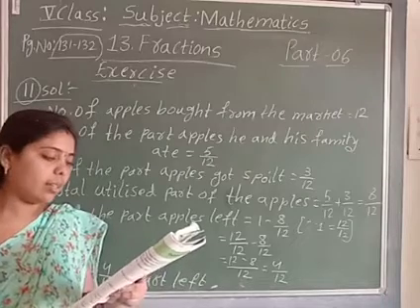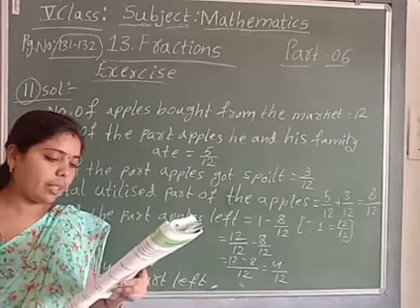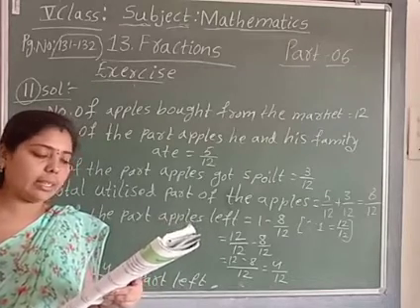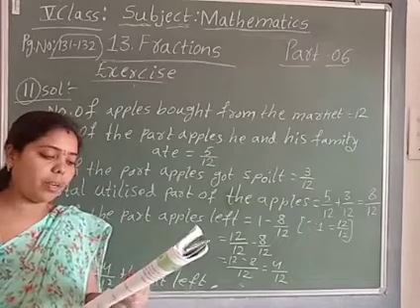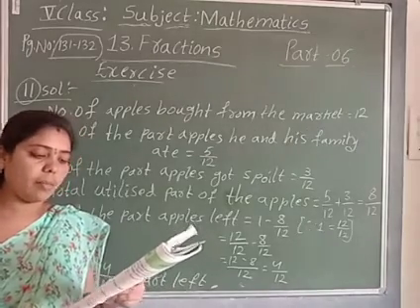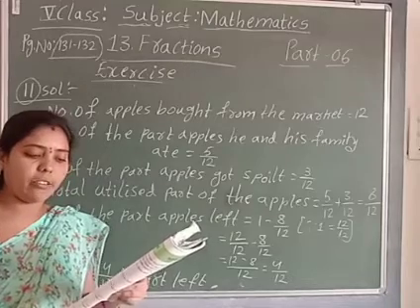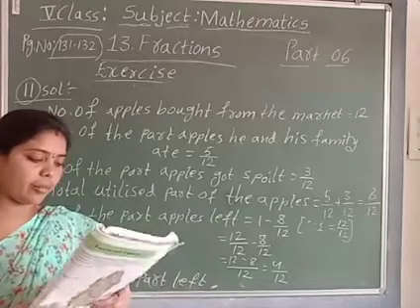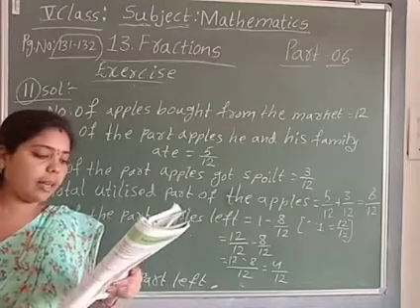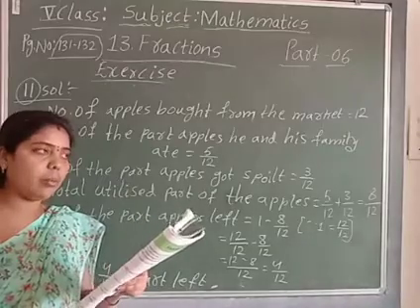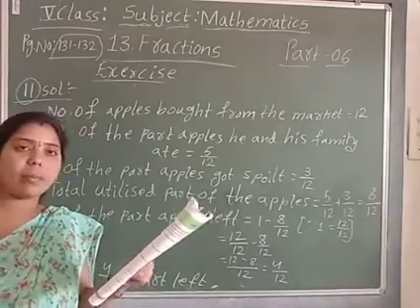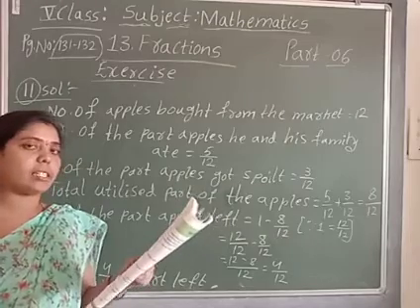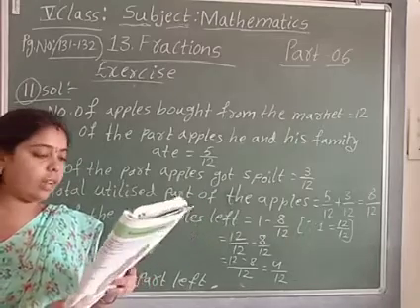So it will be right. Same for the remaining. 13th. Hari spent 3 by 4 part of his pocket money on Sunday and 1 by 4 part on Monday. So on which day did he spend more? 3 by 4 or 1 by 4? Which one is the greater fraction? You will write that.